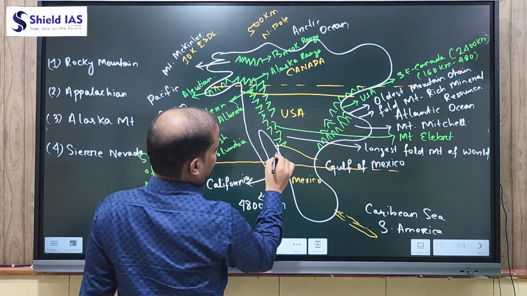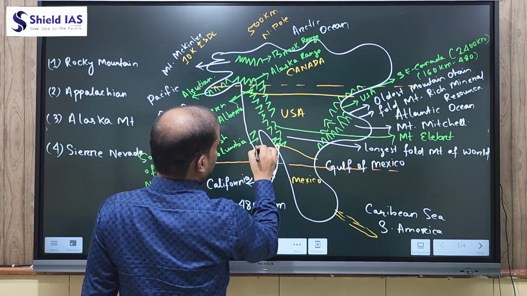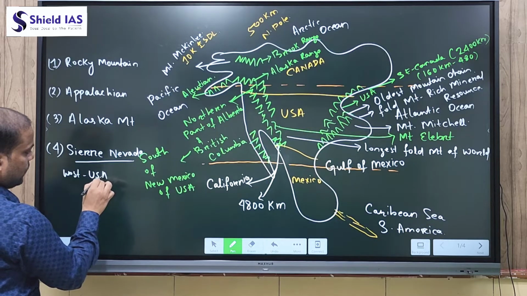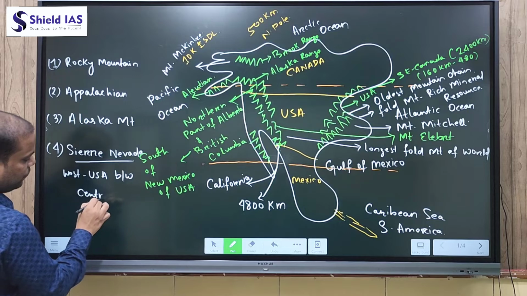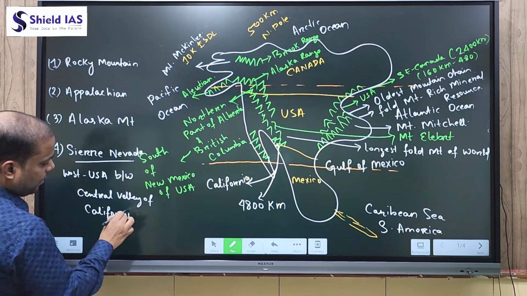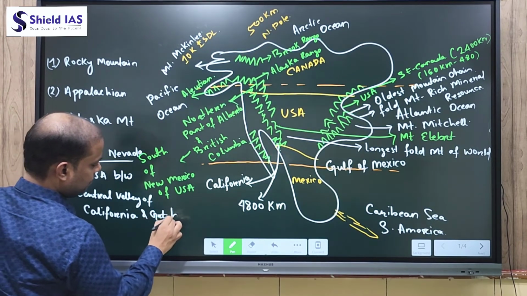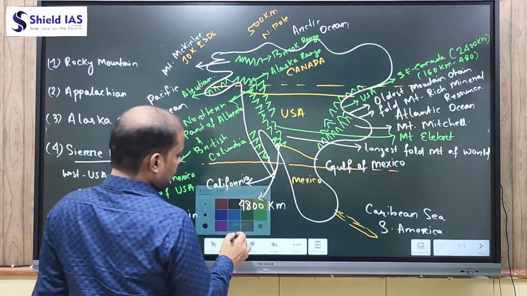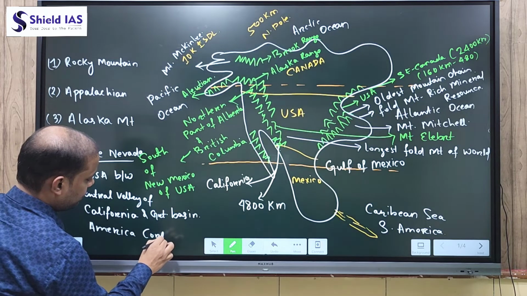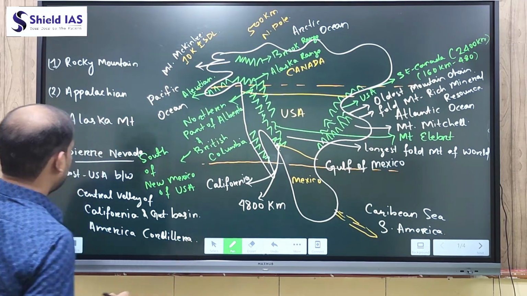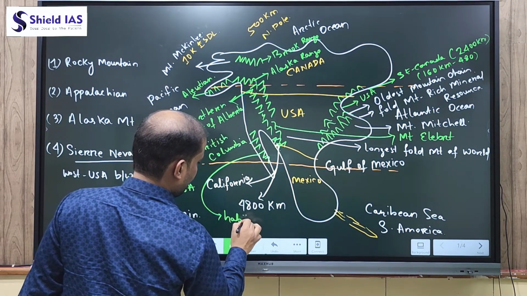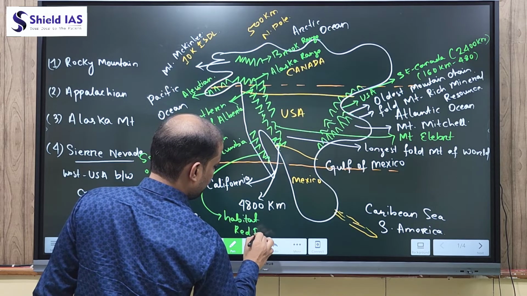This mountain extends from the western part of USA, between the Central Valley and the Great Basin, and it is part of the American Cordillera, and this region is a habitat for Red Indian tribes.